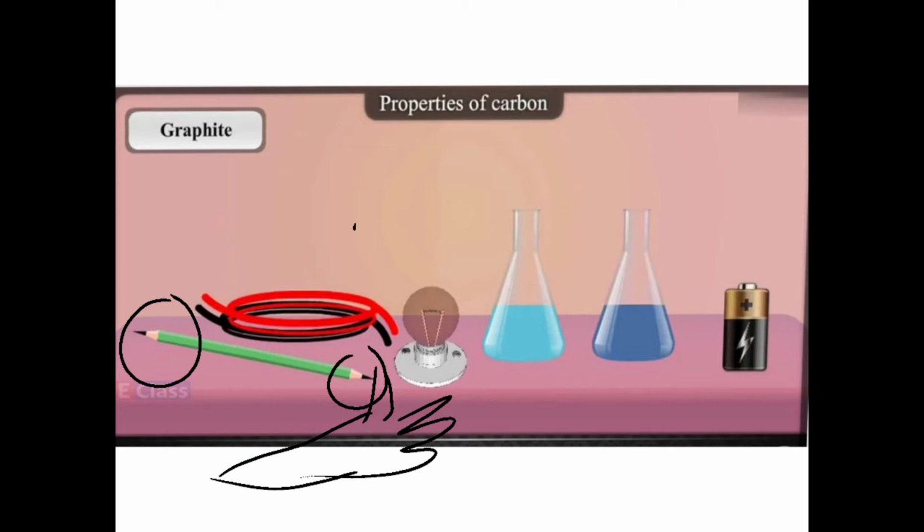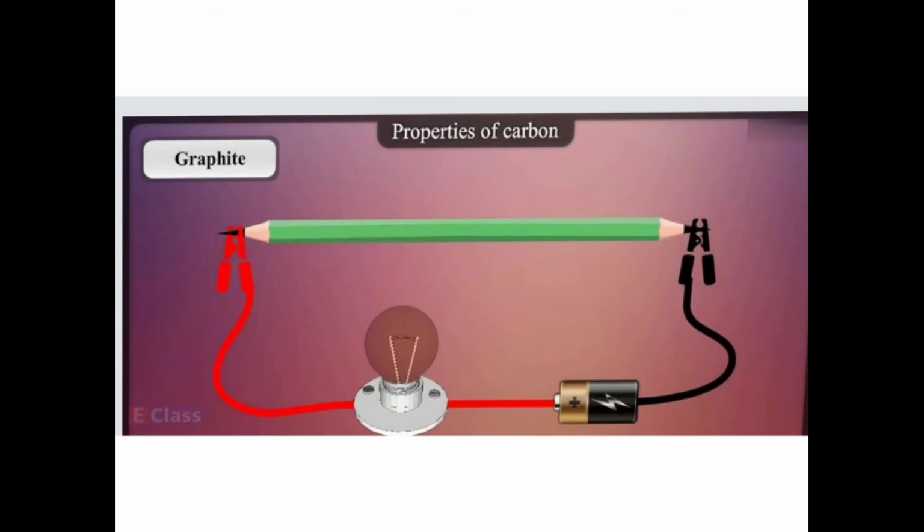Then you are going to take wires, a bulb, water, kerosene, a test tube, a cell, etc. Now how are we going to do the experiment, children? You are going to assemble all the apparatus as shown in this diagram.